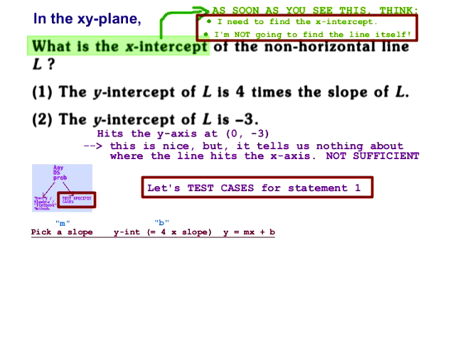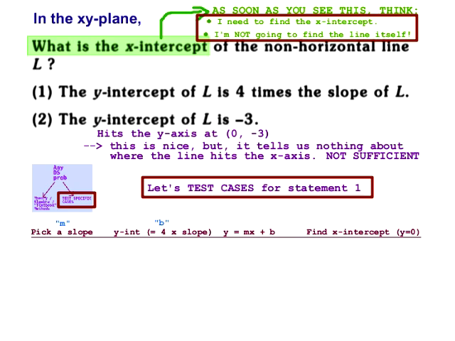And then we need to find the x-intercept. The x-intercept is the point where y is 0. The x-intercept is where you hit the x-axis, and wherever you are on the x-axis, that means that the y-coordinate is 0. So, okay, let's try that.